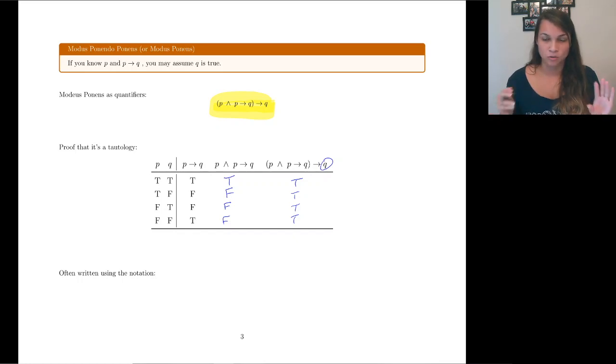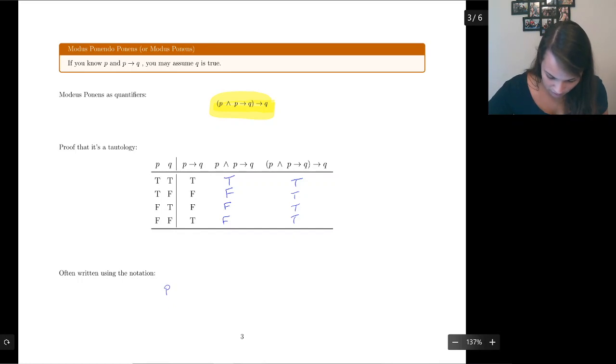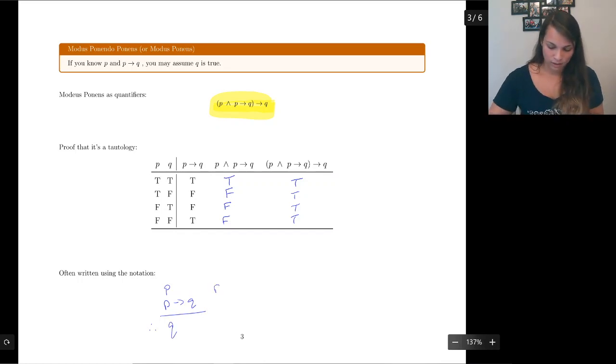I'm going to give you a new way to notate this. Moving on from the fact that this is a tautology, another way to denote this would be P then Q, therefore Q. This notation means you've got premises, therefore we can conclude our conclusion.